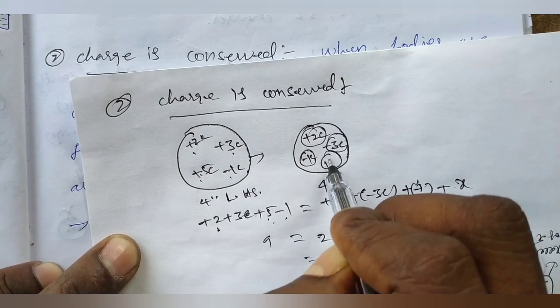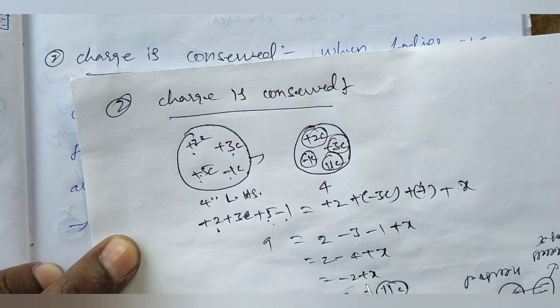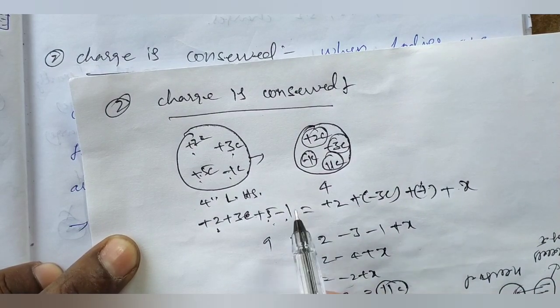Here there are 11 coulombs. That means LHS is equal to RHS.